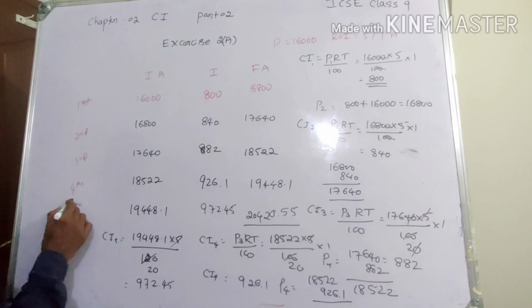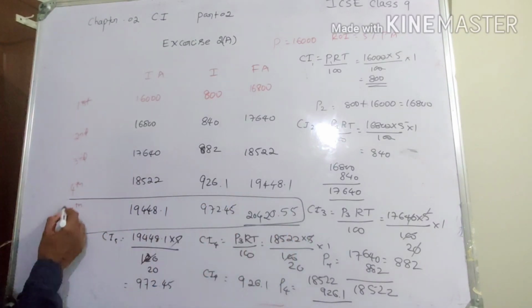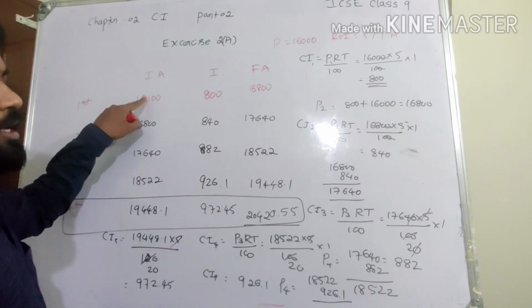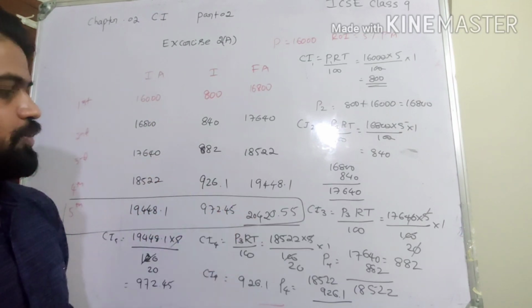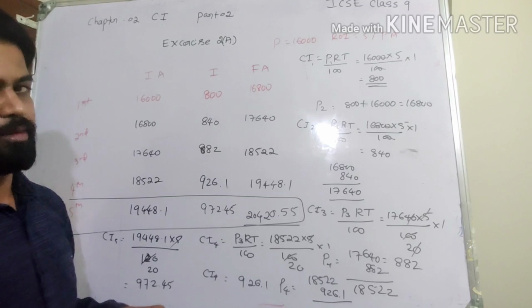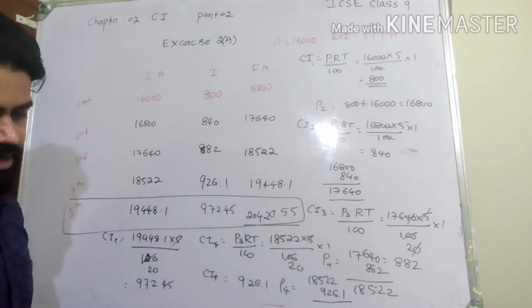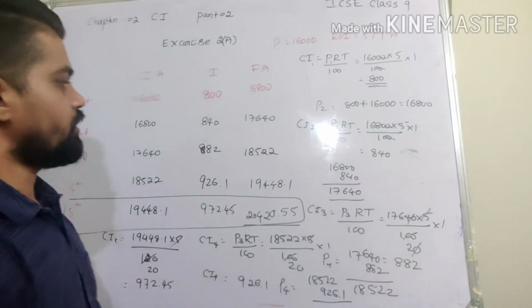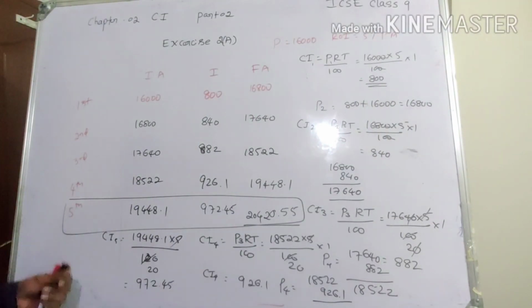So the compound amount at the end of the fifth year is 20,420.55. We started with 16,000, and at the end of 5 years it amounts to 20,420.55. That is how you fill the table, and that's the end of this first question. You can observe once before I rub it. That is the table we filled.